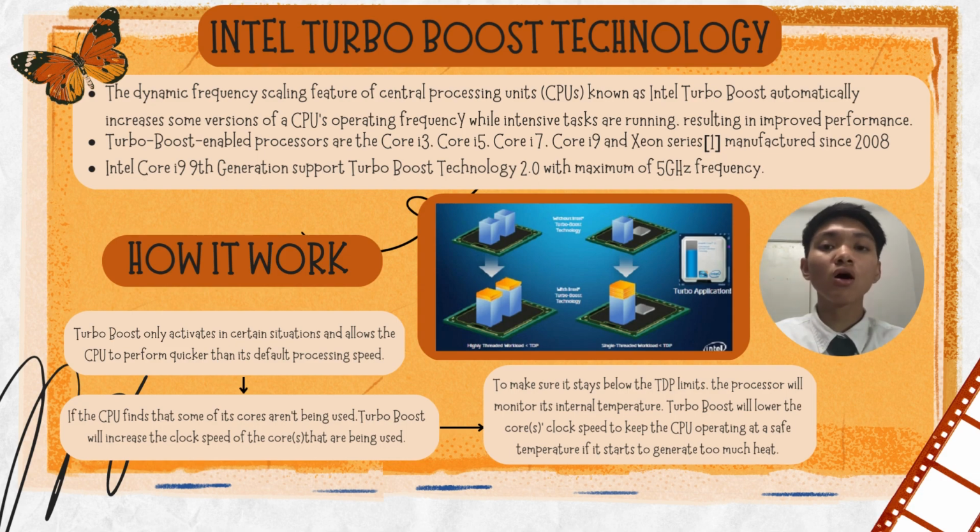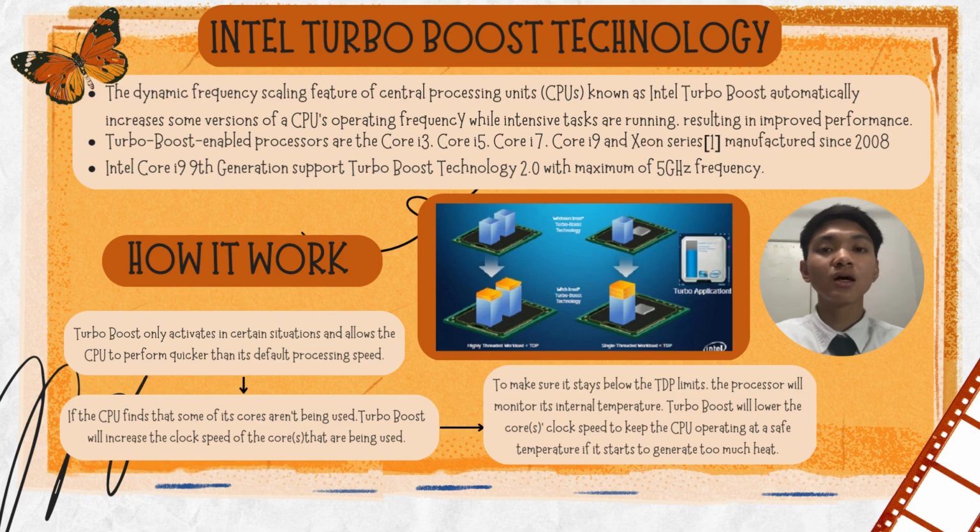And now, how Intel Turbo Boost works. Turbo Boost is only active in certain situations and allows the CPU to perform quicker than its default speed. If the CPU finds that some of its cores are not being used, Turbo Boost will increase the clock speed of the cores that are being used.